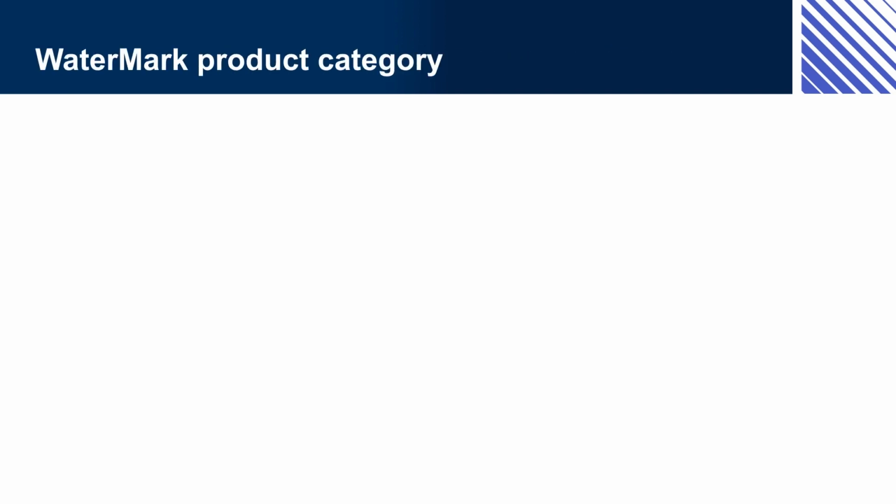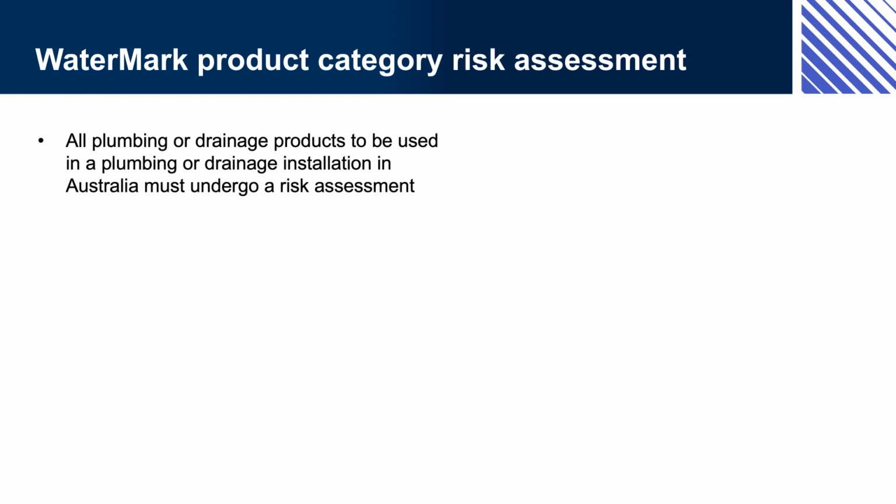WaterMark Product Category Risk Assessment. As with other aspects of the NCC, WaterMark certification is about effective management of the risks involved with construction. In this case, it relates to the risks that can arise from different types of plumbing and drainage products.